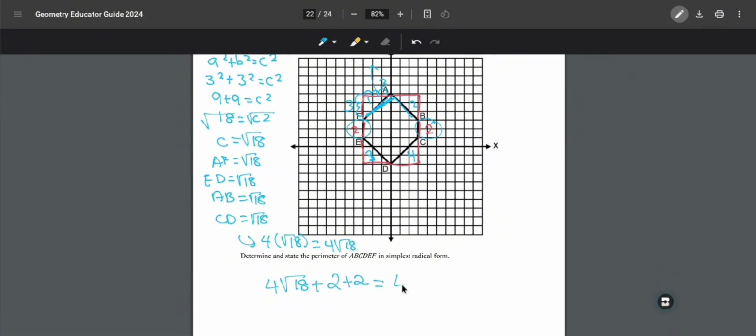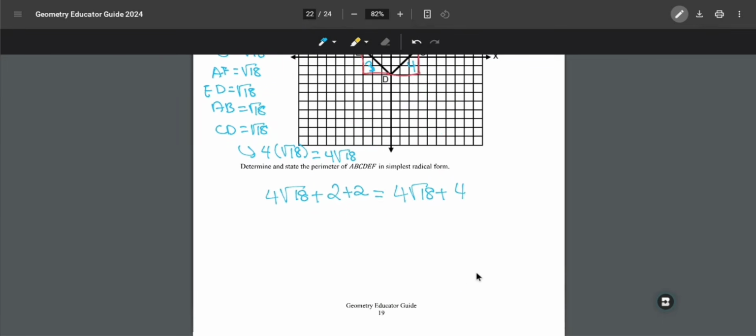And that simplifies to 4 square root of 18 plus 4. Some people would have the tendency to say, I'm done. You're not done. Because the question says, determine and state the perimeter of ABCDEF in simplest radical form. So that means that inside the radical, it is not simplified.